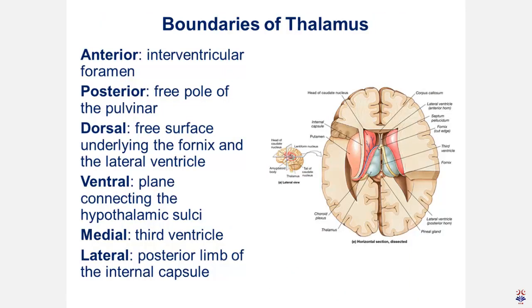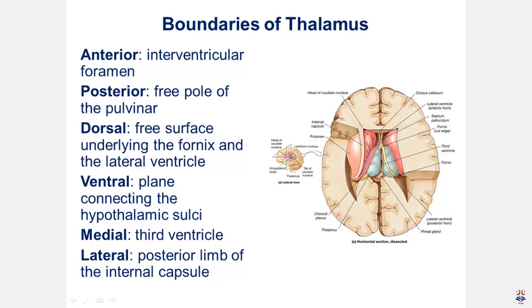Now we see the boundaries of the thalamus. Anteriorly, the interventricular foramen; posteriorly, the free pole of the pulvinar; dorsally, the free surface of the underlying fornix and lateral ventricle; ventrally, the plane connecting the hypothalamic sulci.